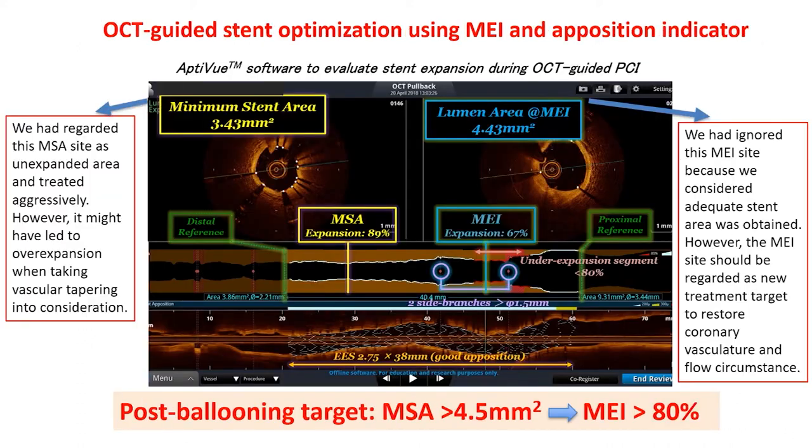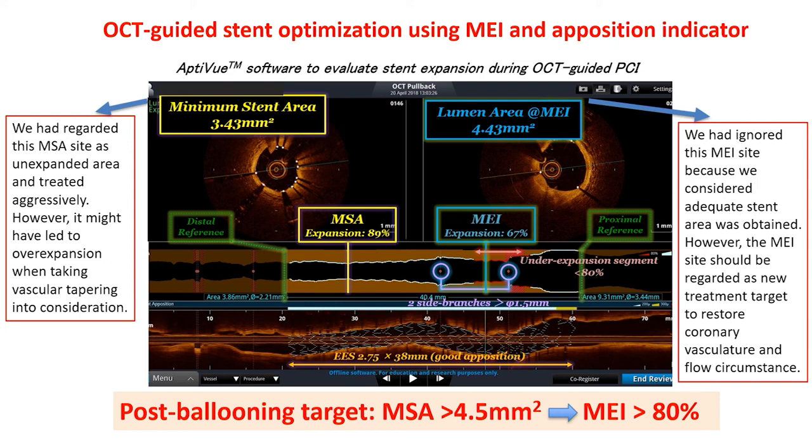This is an actual OCT analysis case with long stenting across the bifurcation. Minimum stent area is 3.45 mm², located at the distal main vessel, but the expansion index is 89%. That means the stent is sufficiently expanded according to the distal main vessel reference.